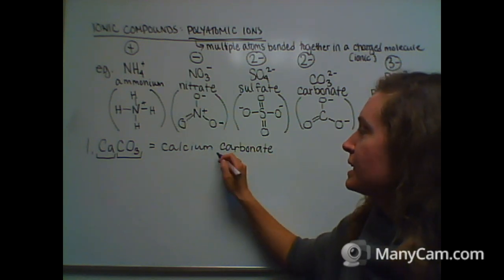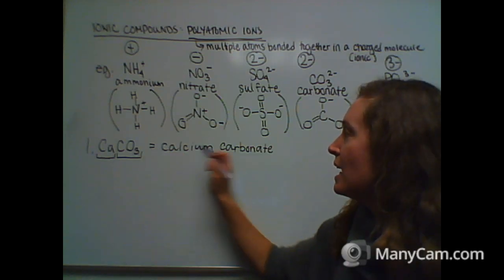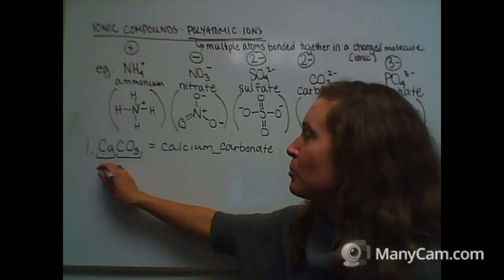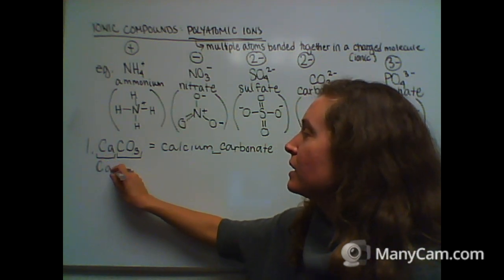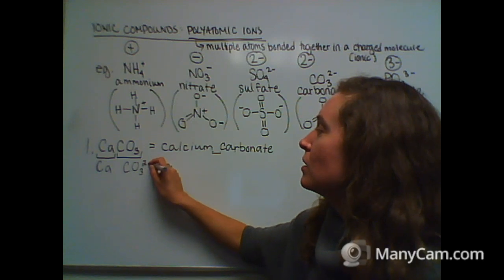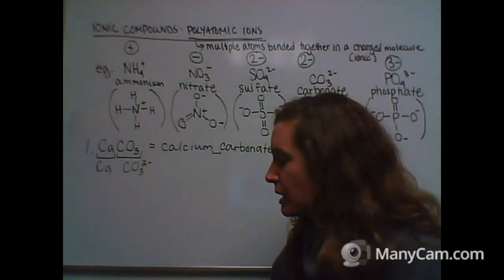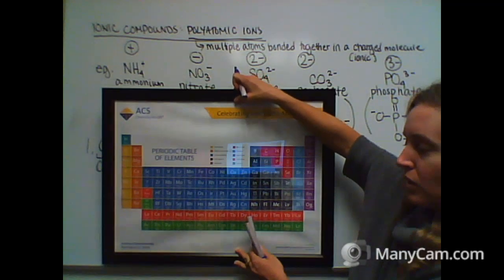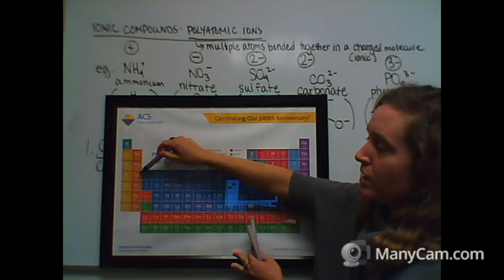Again, all lowercase, and there's a space in between the calcium and the carbonate, right? The cation and the anion. If we break this apart into the cation and the anion, we get calcium carbonate. The charge on carbonate is 2-, and the charge on calcium is 2+. And we can tell that by looking at the periodic table. Calcium is in group 2A, right here.